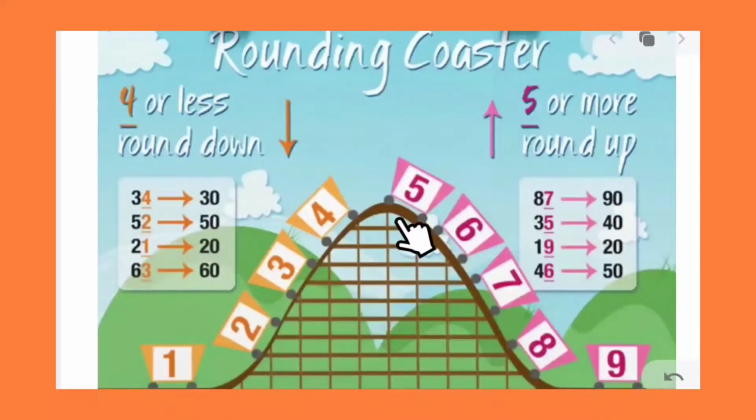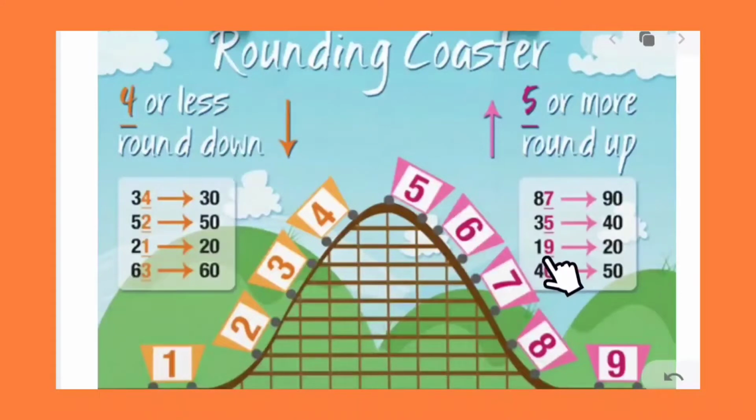Next, ones place 5, 6, 7, 8, 9 ending. For example, 87 has 7 ending, and the tens place value is 8. So 8 plus 1 means we get 9, and adding 0 we get the estimation value, 90. Next 35, 5 ending, tens place value 3. 3 plus 1 means we get 4, adding 0 we get the estimation value, 40.